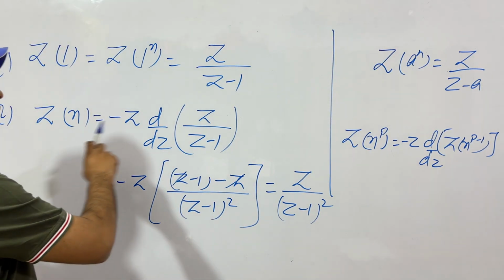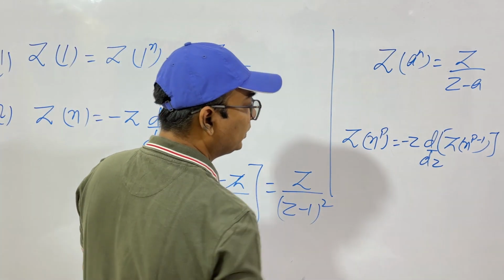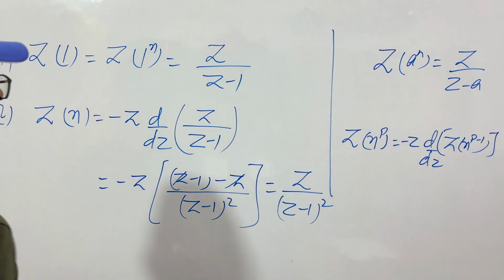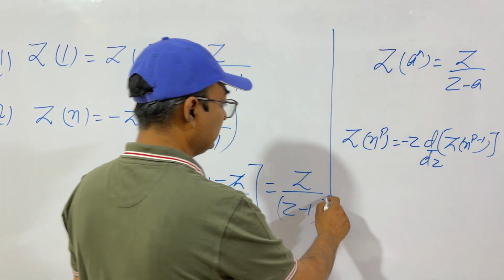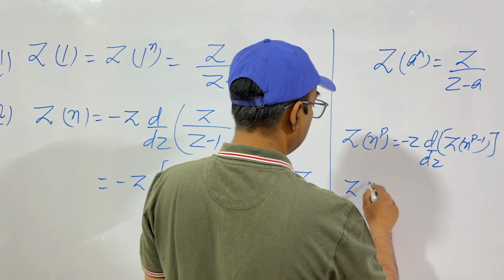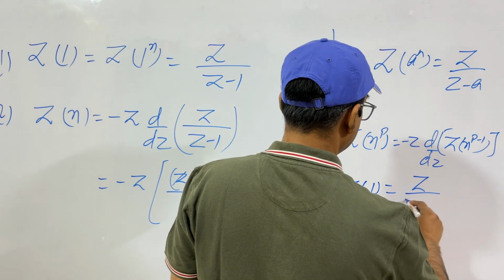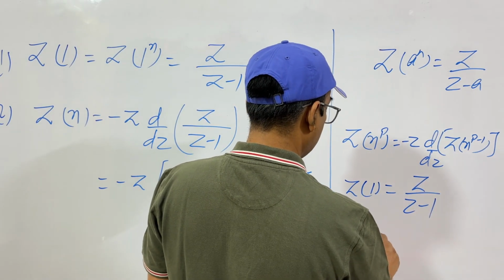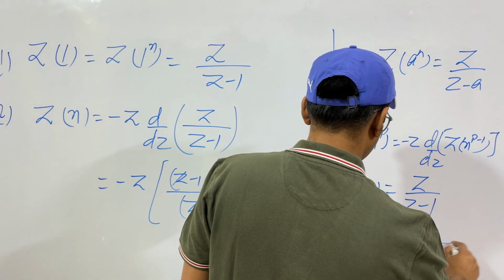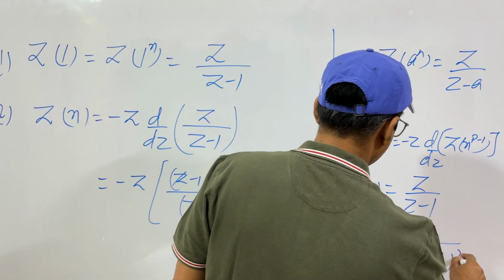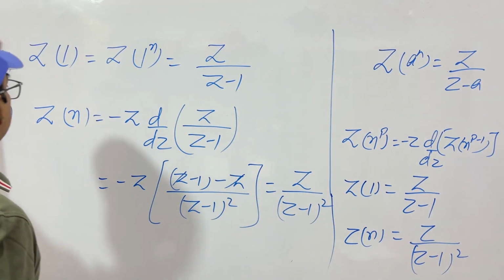Clear? So now you understand the use of this formula. Let me write it here as standard results: Z of 1 is z by z minus 1, and Z of n is z by (z minus 1) squared. These are actually used as standard results.